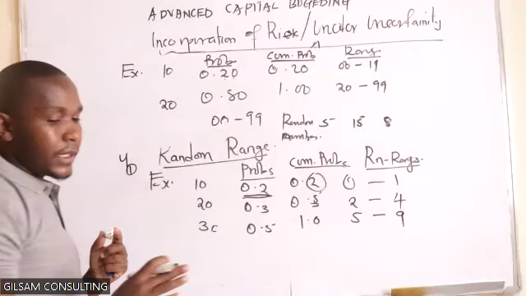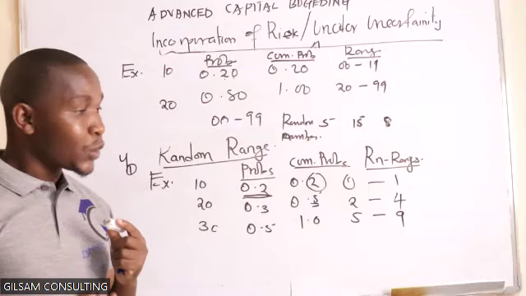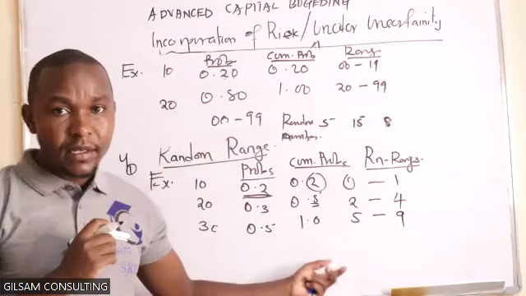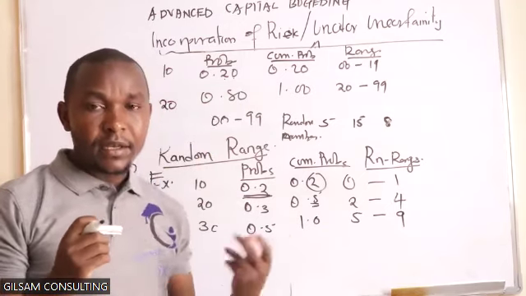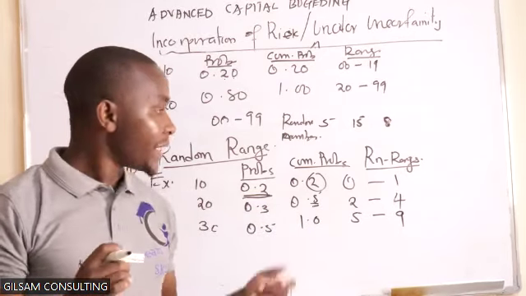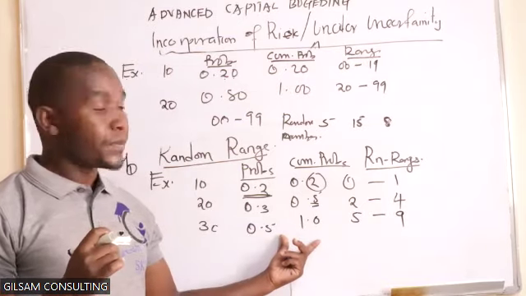Because this is CPA, it is good to know the concept. If you understand the concept from a simple illustration like this, then in the exam they may use a lot of information, but the concept remains the same.